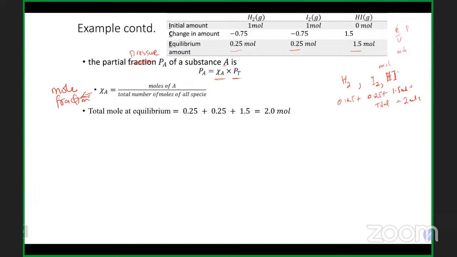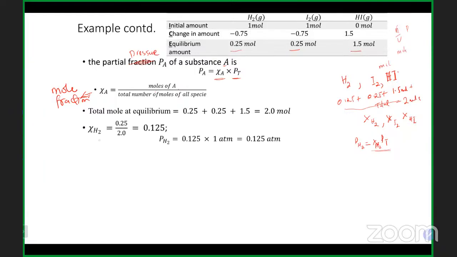So the total number of moles of all species present is 2 moles. Knowing this, we can calculate the mole fraction of H2, I2, and HI. Once we calculate the mole fraction of H2, we can calculate the partial pressure of H2, which will be its mole fraction times the total pressure. So that's a concentration unit when dealing with pressure.